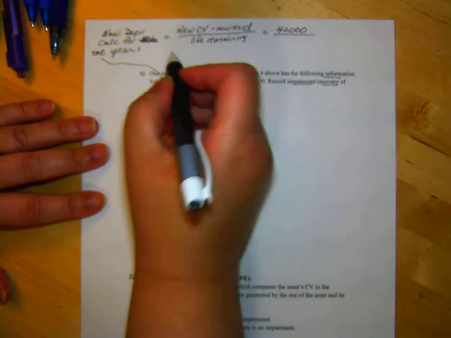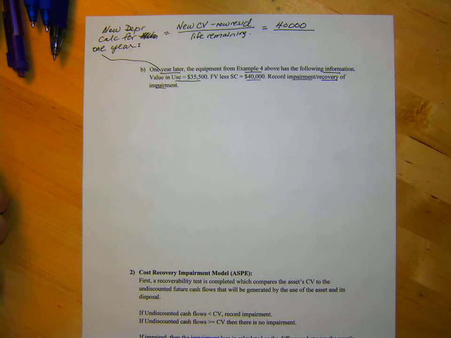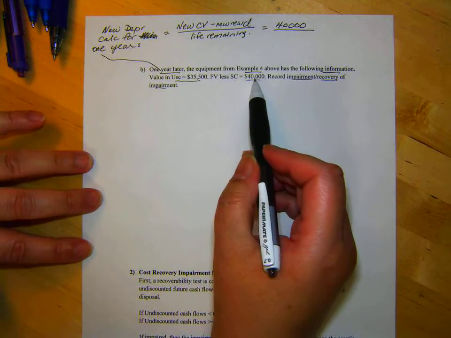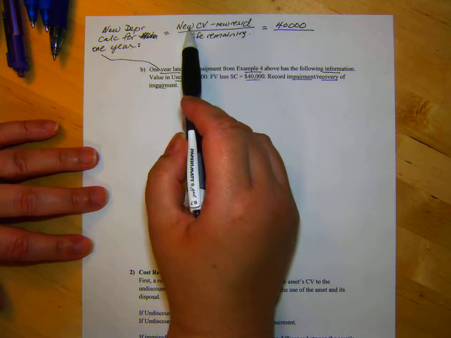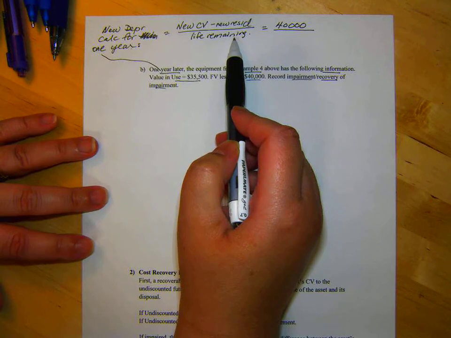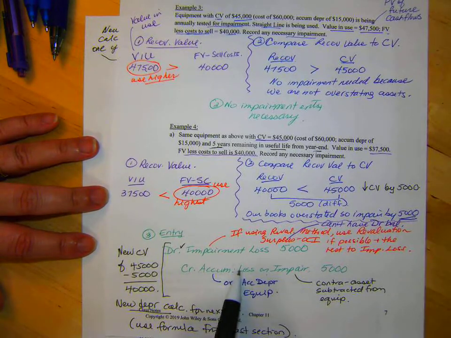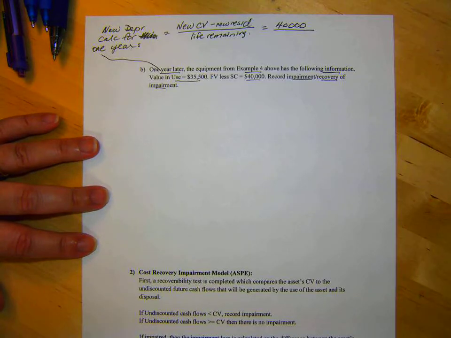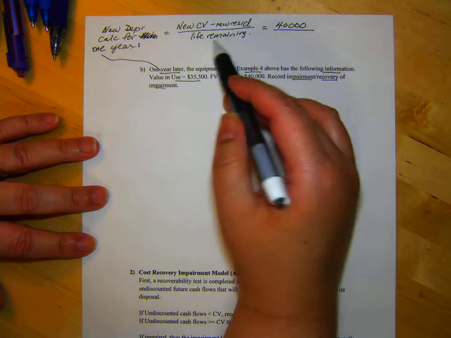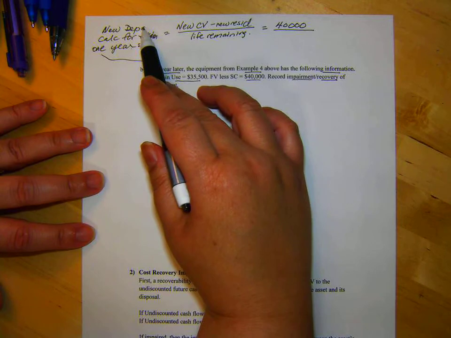So remember, we're at the beginning of the year. That was December 31st on the last page. Oh, it went really blurry. Okay. Well, let's try that again. So we've got the new carrying value minus the new residual over life remaining. On this page, this is at year end when we did this. So now we're at the next year end, but we're recording this starting from January.